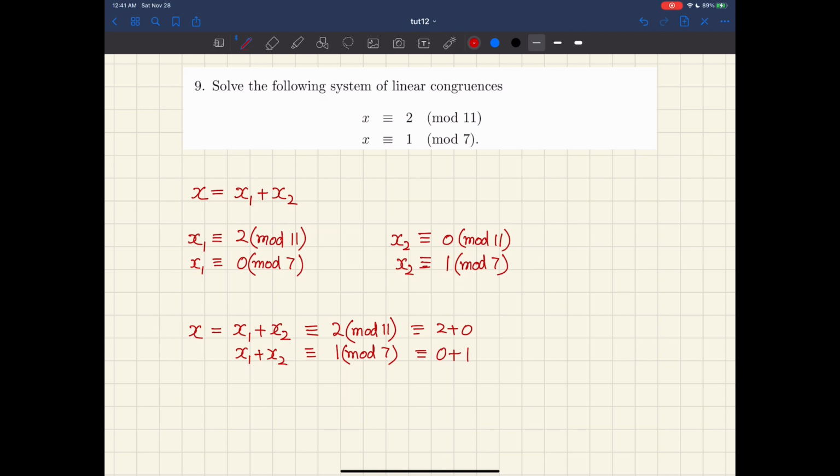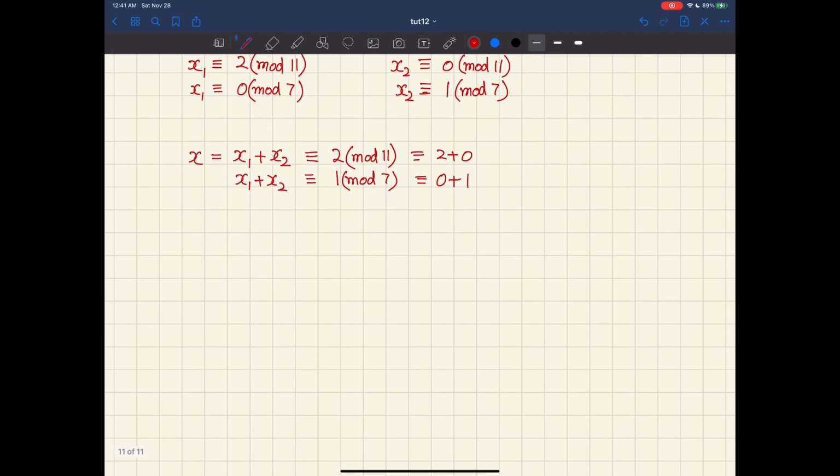Now for x1, since it is 0 mod 7, that means it's a multiple of 7. So x1 can be rewritten as 7 times another integer, let's say z1. Now 7 times z1 is congruent to 2 mod 11.